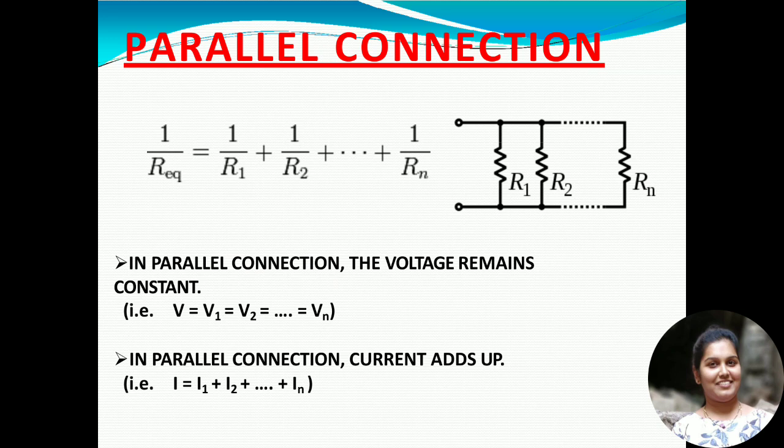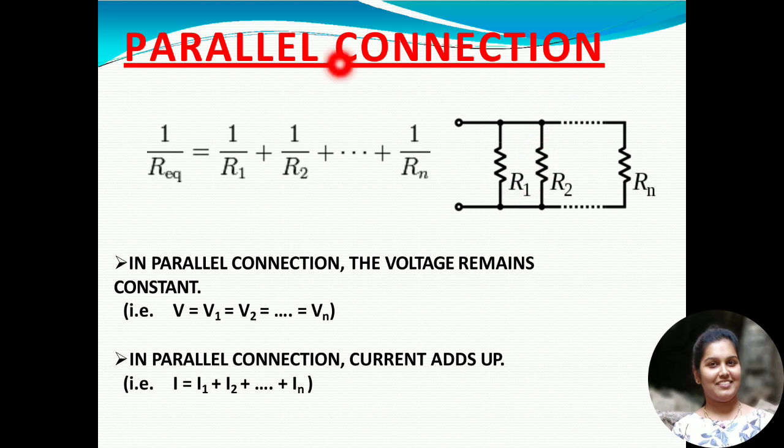This connection is called parallel connection, also called shunt connection. You can see all the terminals here, R1, R2, Rn, are connected to one point, and all the end terminals are connected to the other point. This kind of connection is called parallel connection.